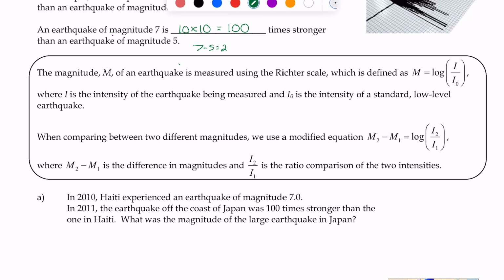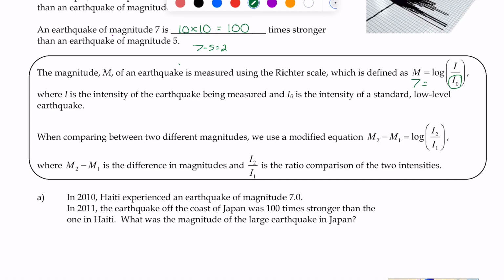In this case, you're only talking about one earthquake, and so there needs to be a reference point, and that's what this I naught is right here. So some earthquake of magnitude 7 will have its own intensity, and the way we get a magnitude of 7 here is we compare the intensity of the earthquake to some standard.